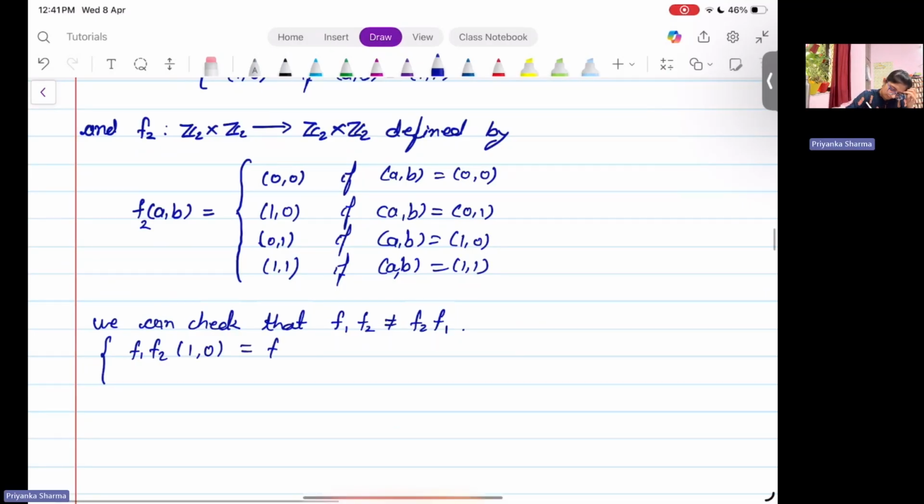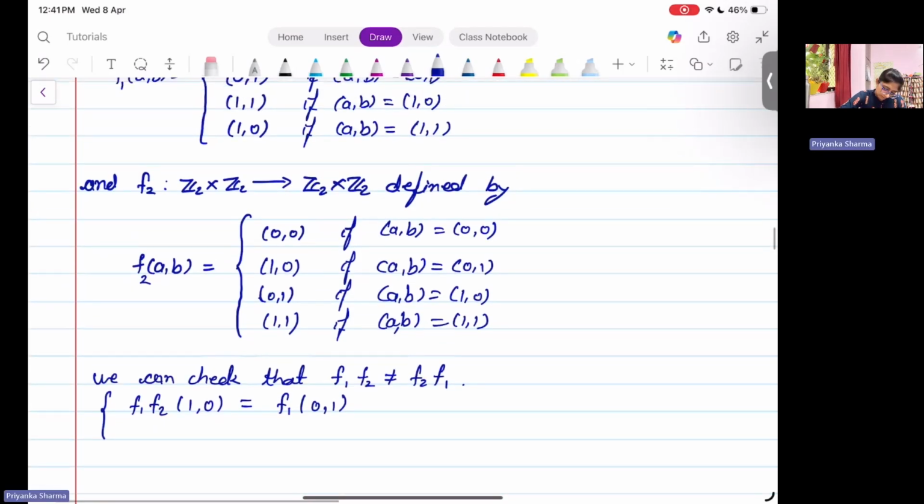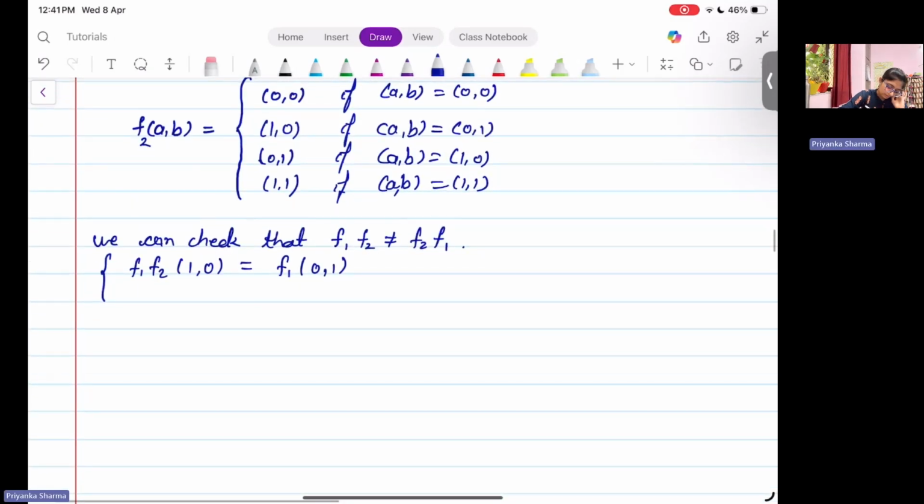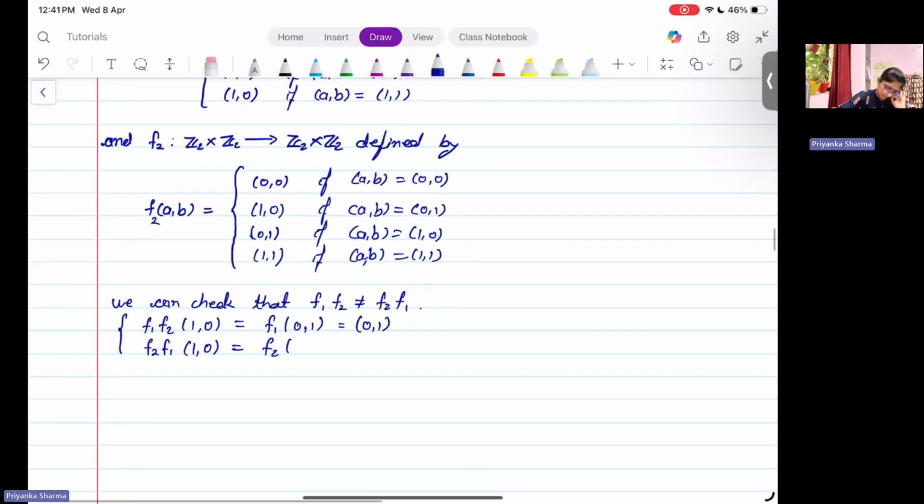So this would be F1 of F2 of 1, 0. What is F2 of 1, 0? That is 0, 1. What is F1 of 0, 1? That is 0, 1. What is F2 of F1 of 1, 0? That is 0, 1. Means same.